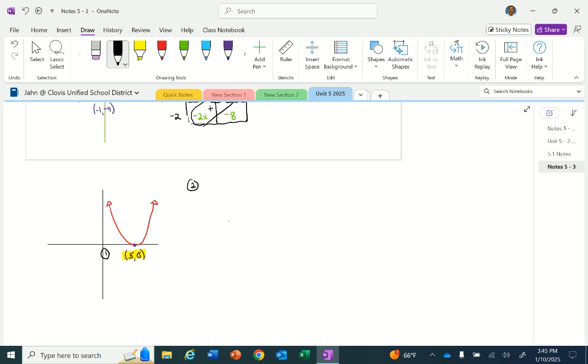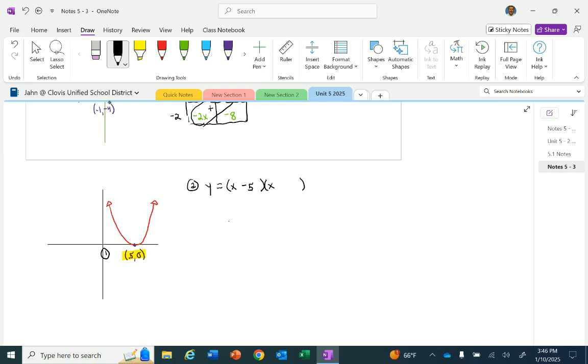Step number 2 is we're going to write a 2 parentheses equation. So we go y equals, we're going to draw 2 side-by-side parentheses. Each parentheses starts with the variable x. And then inside the parentheses, you're going to write the opposite of the x value of the x-intercept. Positive 5 is the x value for my x-intercept. The opposite of positive 5 is negative 5.